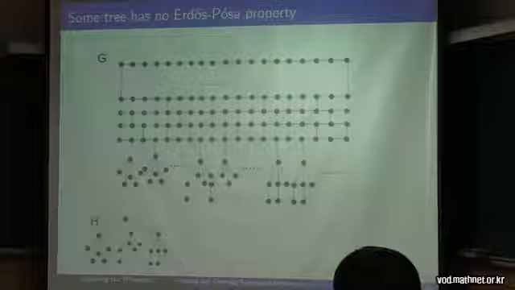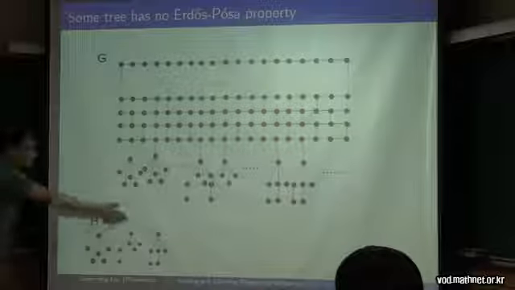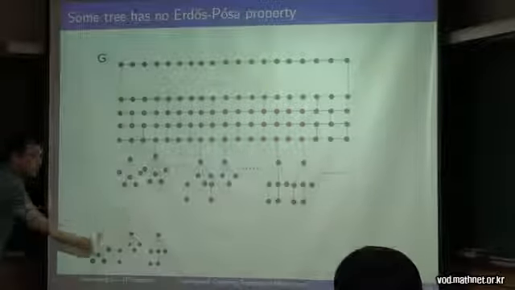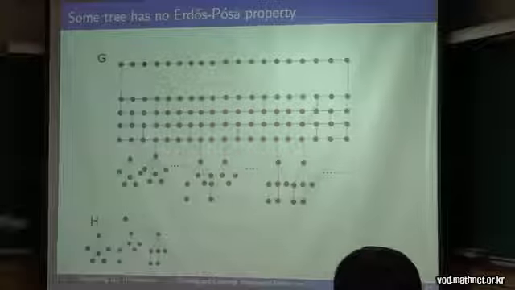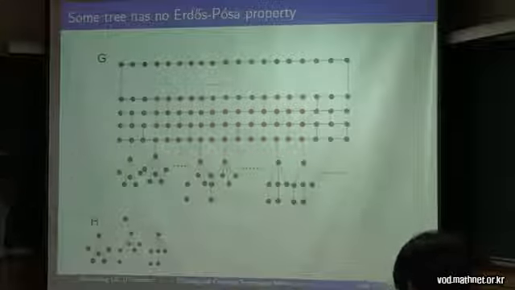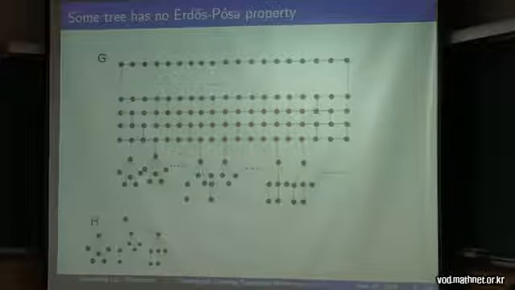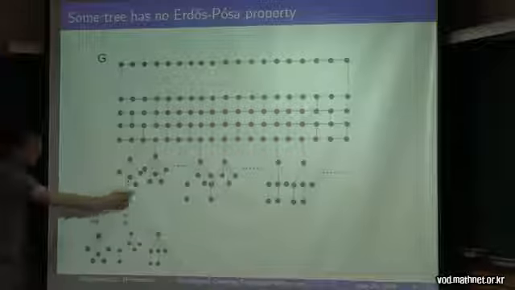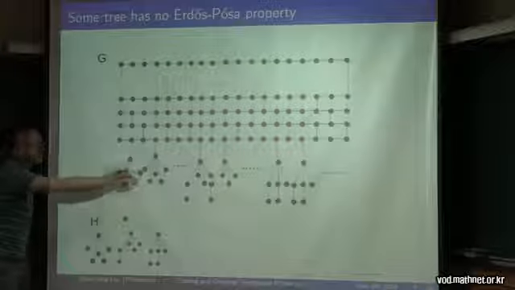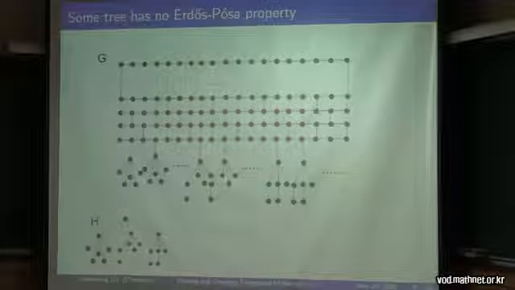You pick a large wall, arbitrarily large, and then you delete the top vertex of the tree. You get 3 disjoint subtrees, and you make a copy of them, and then attach these copies to the bottom row of the grid of the wall, such that the copy of the first tree is at the left, the copy of the second tree is in the middle, and the copy of the third tree is at the right.